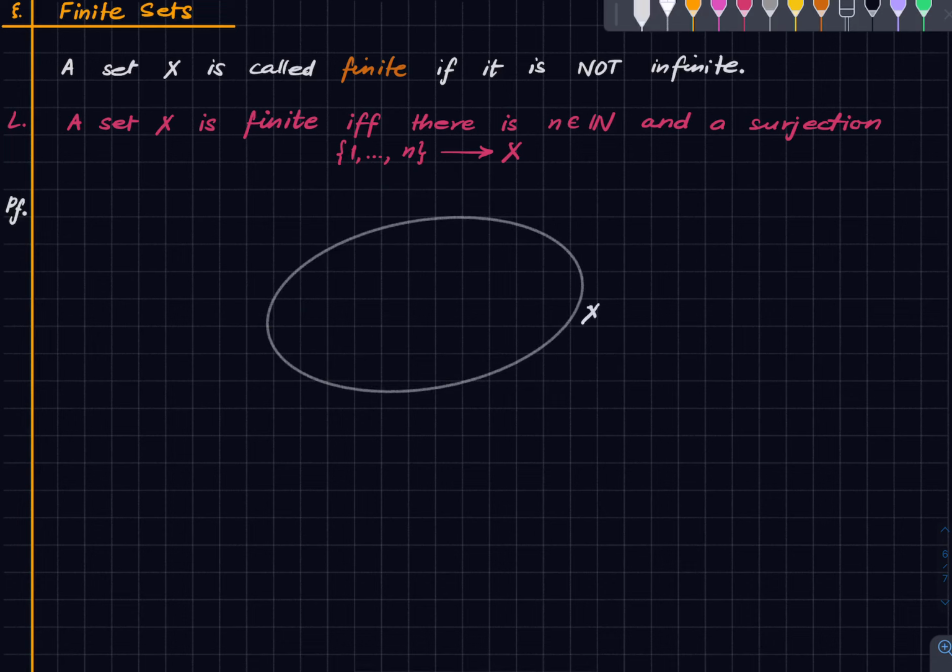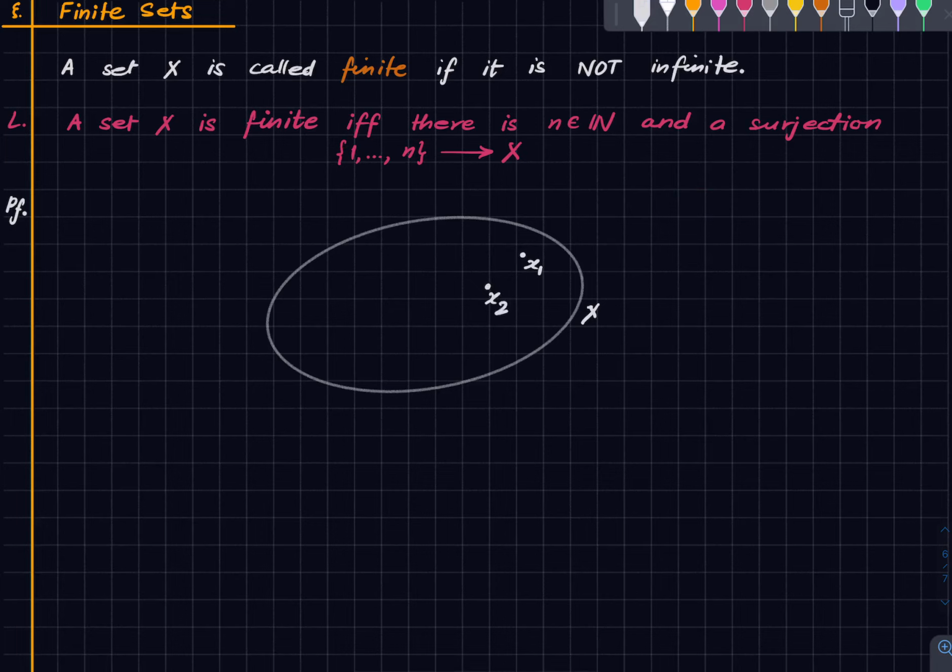If there is no such surjection, then there is no such surjection for n equals 1. Okay, so fix a point x1 here, and this cannot be the entirety of the set x, because if it were, then there would be a surjection from this to x. So there are more things inside the set x. Now there is also no surjection from this set to x, since we have assumed that this does not happen.